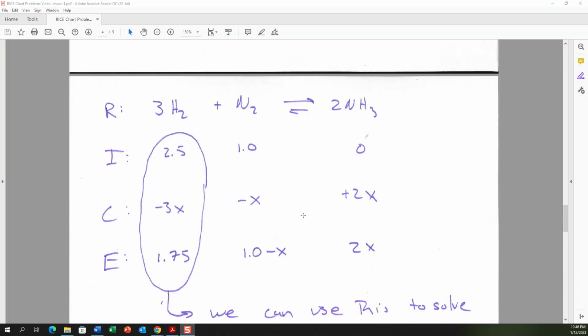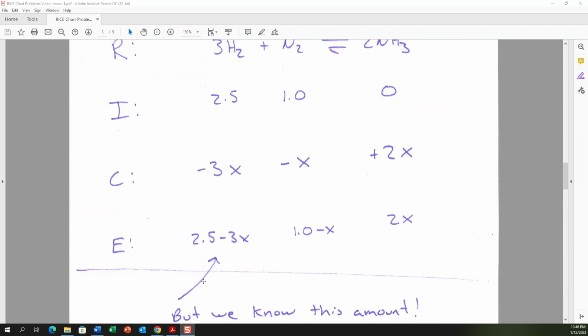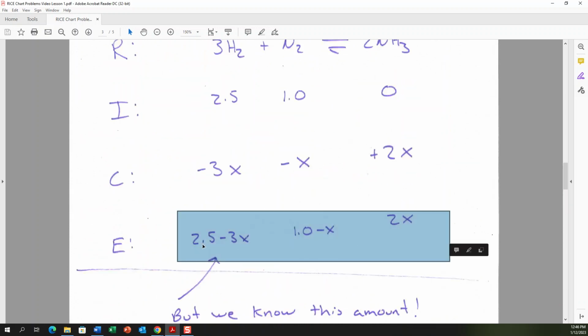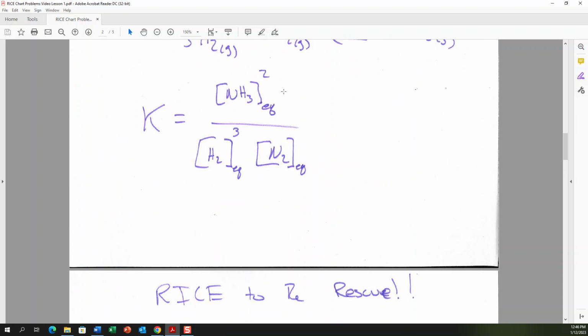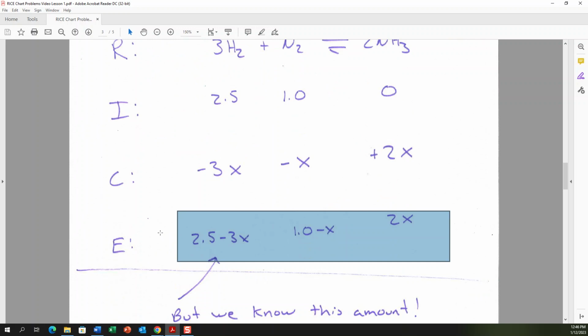So you make a RICE chart like this, where you get your equilibrium concentrations in terms of x, and then you plug those into the equilibrium expression. And if you were given the K value, you could plug the K value in here, and then you could solve for x to end up getting all your equilibrium concentrations.